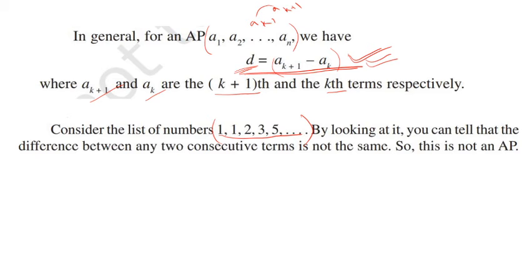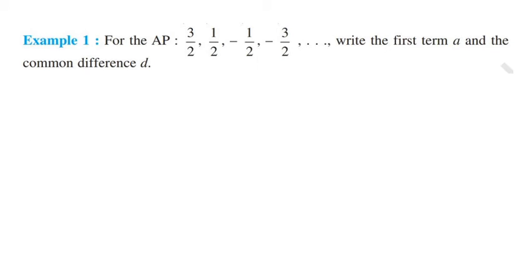So let us subtract: 1 minus 1, we get 0; 2 minus 1, we get 1. As you can see the common difference is different, but for arithmetic progressions we have a fixed common difference. So this particular list of numbers is not an arithmetic progression.